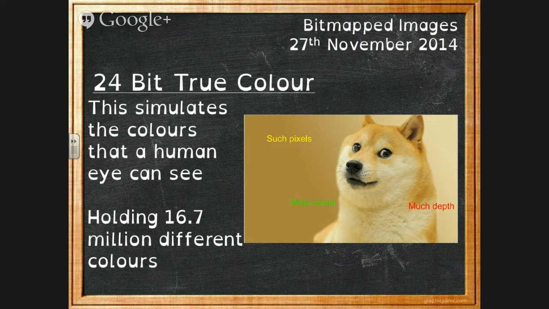Imagine trying to encode it. Imagine the length of the bit pattern that is required if you have 16.7 million different varieties of binary number. So in terms of colour depth, that is why these types of images are massive.